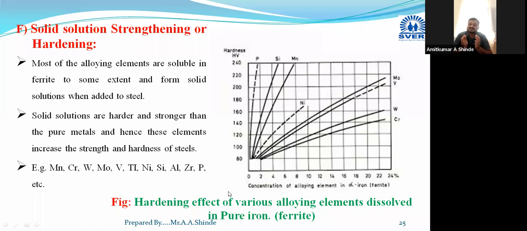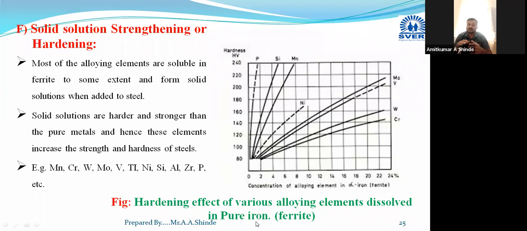Then what are the characteristics or properties of the solid solution? Whenever a solid solution is formed, generally solid solutions are harder and stronger in nature as compared to the pure metal. Suppose pure iron and its solid solution with carbon or any other element, you can find that the solid solution will provide more hardness and more strength.